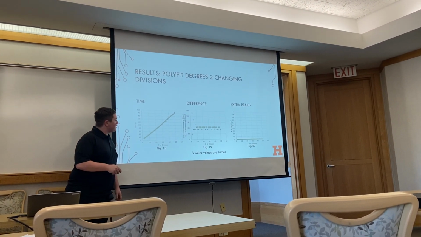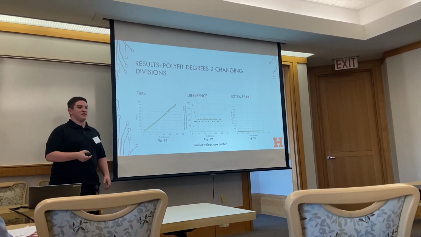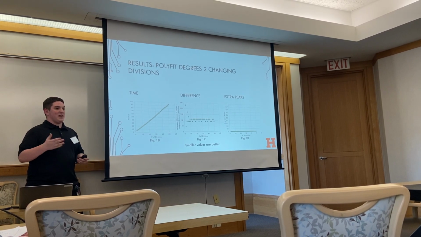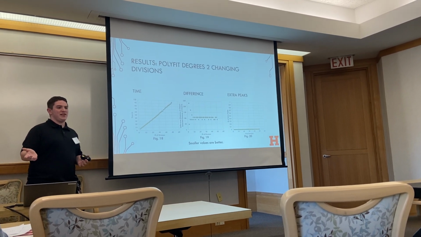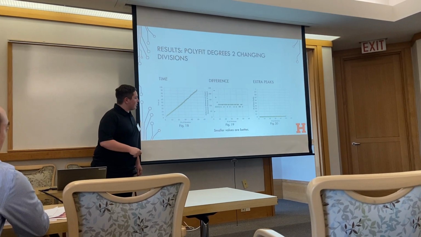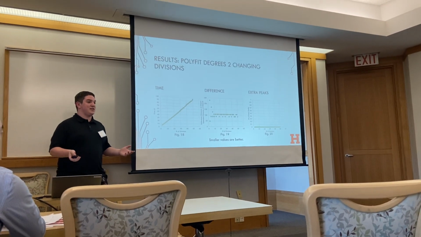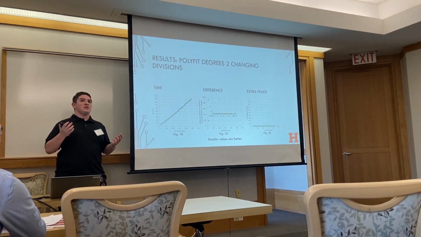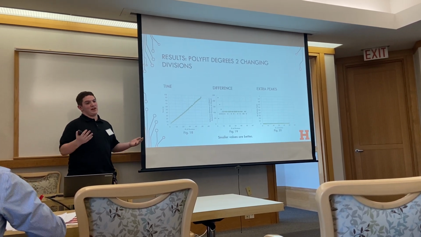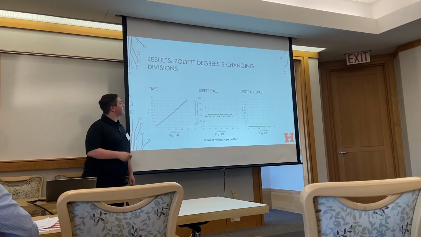The difference is initially all over the place because it's trying to get the best depth from 2 reconstruction planes, which really isn't that good of data, but eventually it evens out around 100 millimeters. And the number of extra peaks detected is 0 because when you have a polynomial function with only 2 degrees, it's only going to have 1 peak. So the number of extra peaks is held at 0.